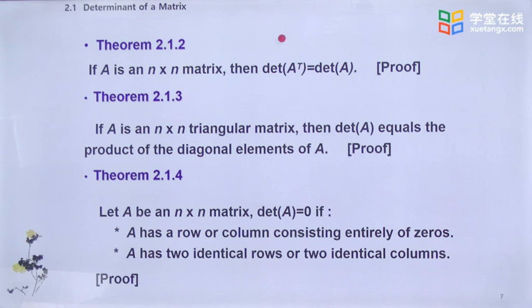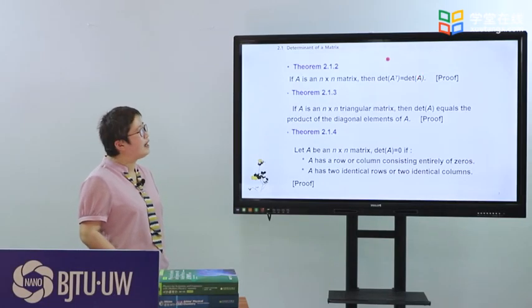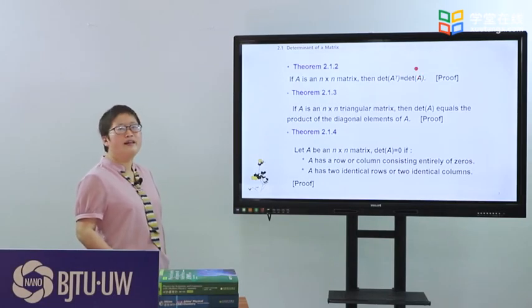And you can assume if n equals k, this conclusion holds. And then you consider when n equals k plus 1. Using the definition of determinant, and using the theorem we know before, that the determinant of a matrix can be obtained by cofactor expansion along any row or any column, you can get this one easily.